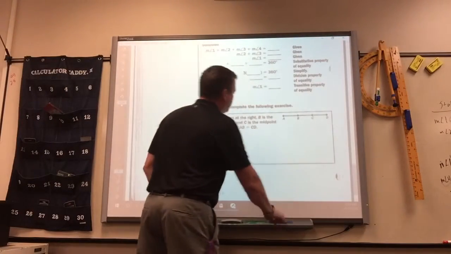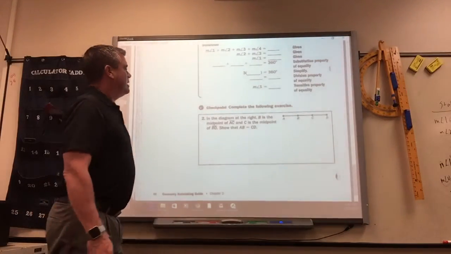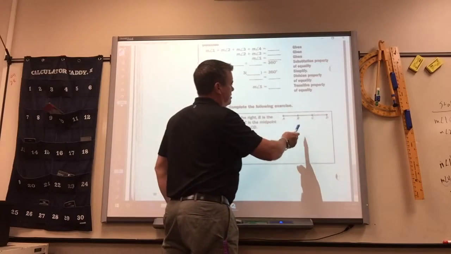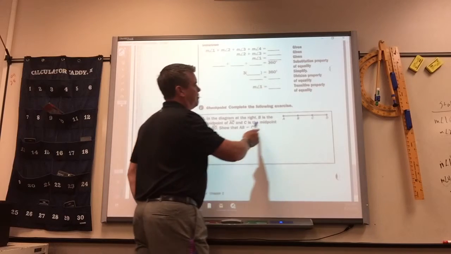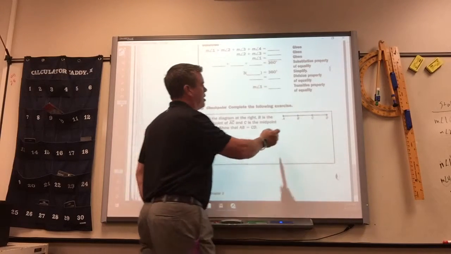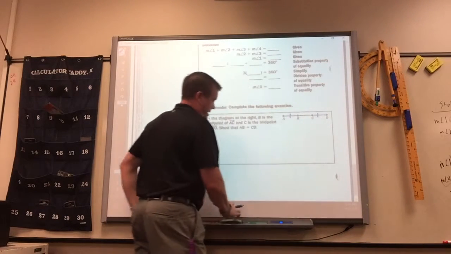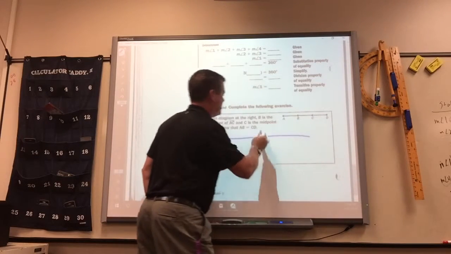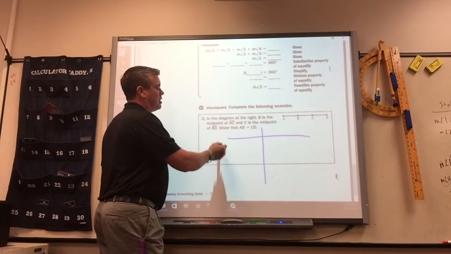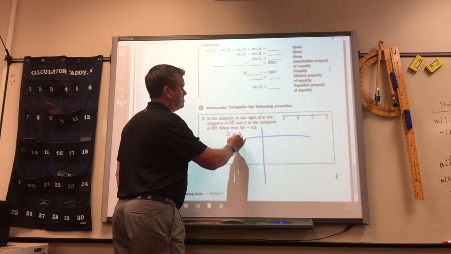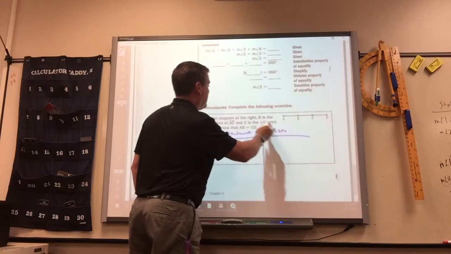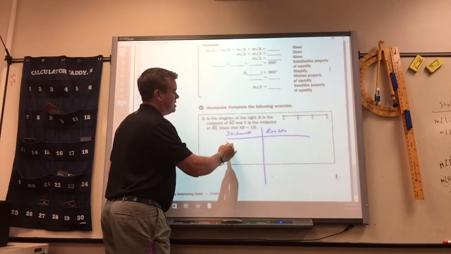Okay, so like this one, it says B is the midpoint of AC, C is the midpoint of BD. We want to show that AB equals CD. So, in this proof, we'd start off with our given. B is the midpoint of AC.